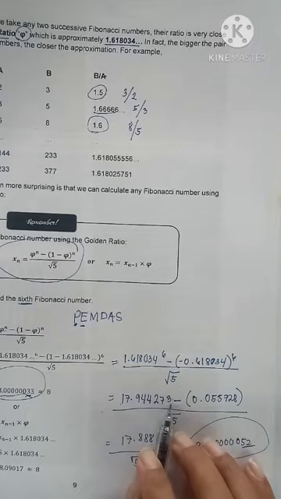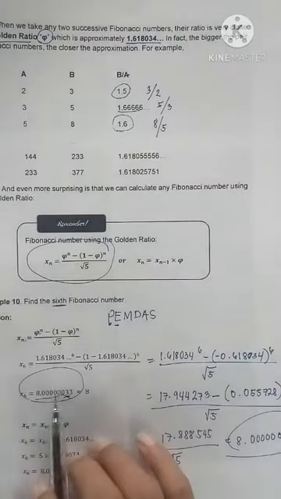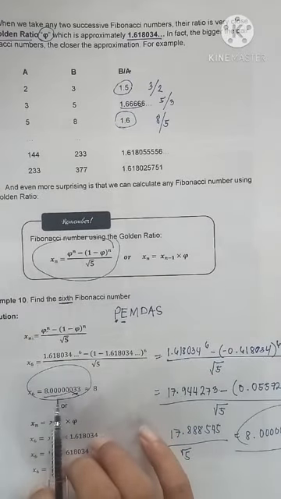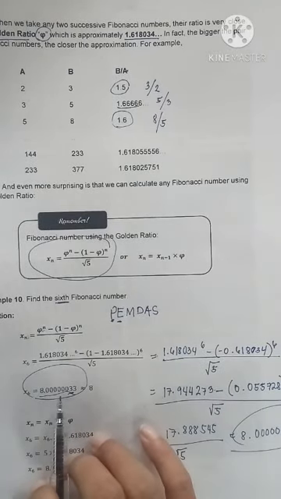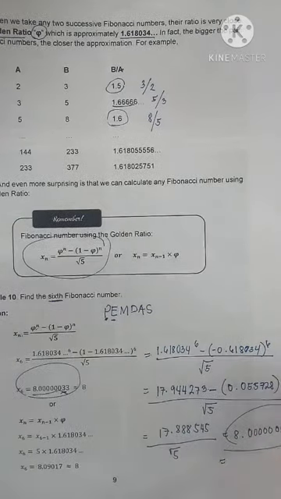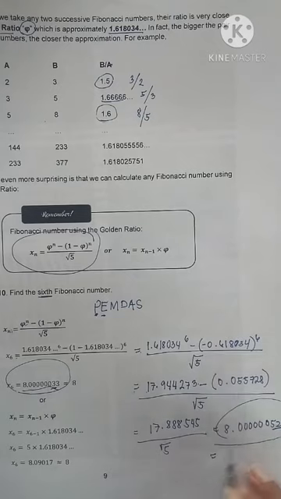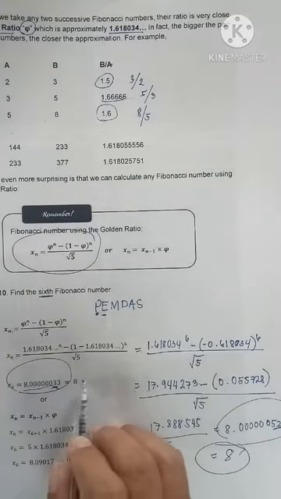If you use the exact number, you will come up with this, which is closer to the answer. The closer the approximation. And if we round this to the nearest whole number, of course our answer will be 8, just like this one.